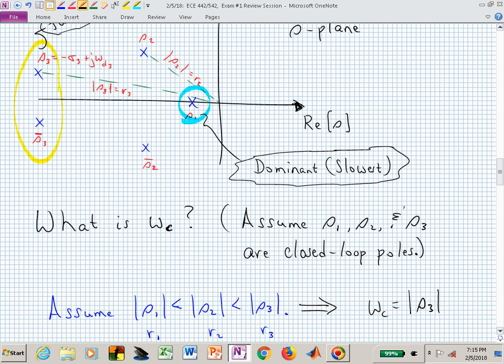Isn't it the magnitude of S sub 3? So we find the hypotenuse of S sub 3, and that's now what we will use for omega sub c. We use this combination of sigma and omega sub d. It's the natural frequency of that set of poles.